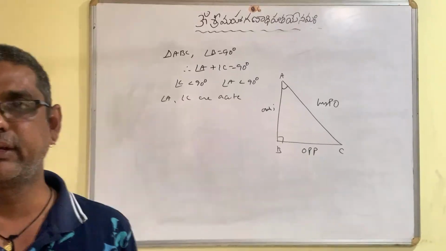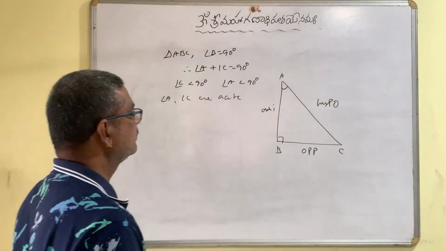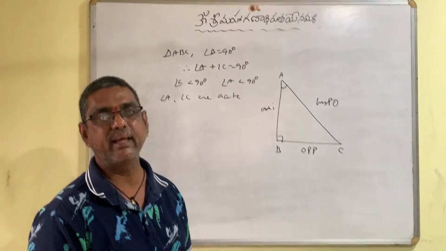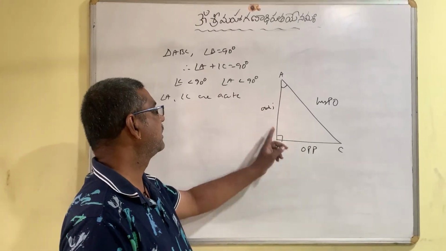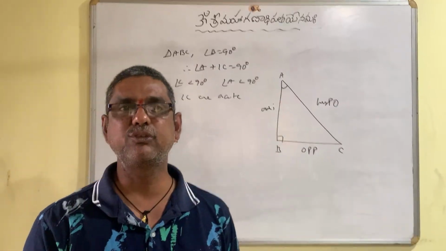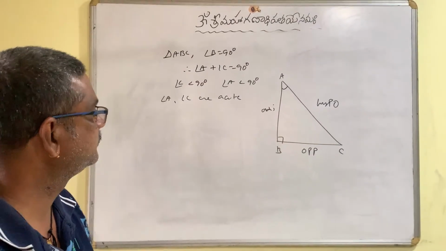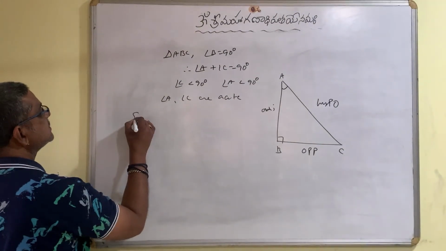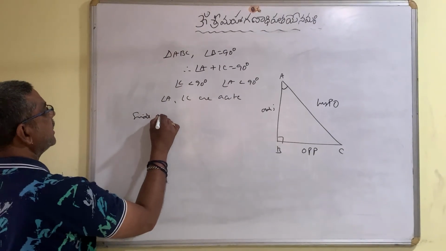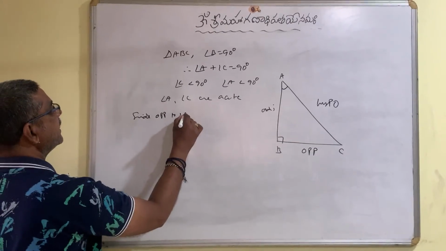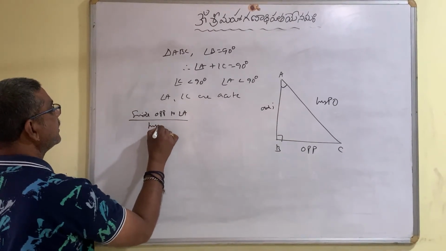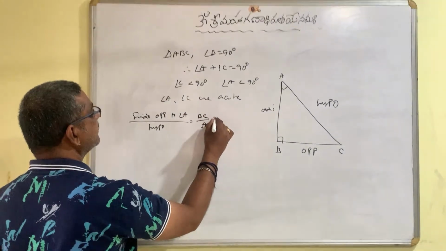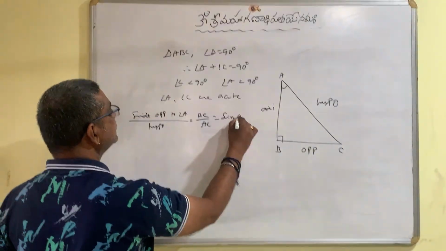BC is the side which is opposite to angle A, and AB is the side which is adjacent to angle A. Now, the first ratio is side opposite to angle A by hypotenuse, which is BC by AC, and we will name this one as sine A.